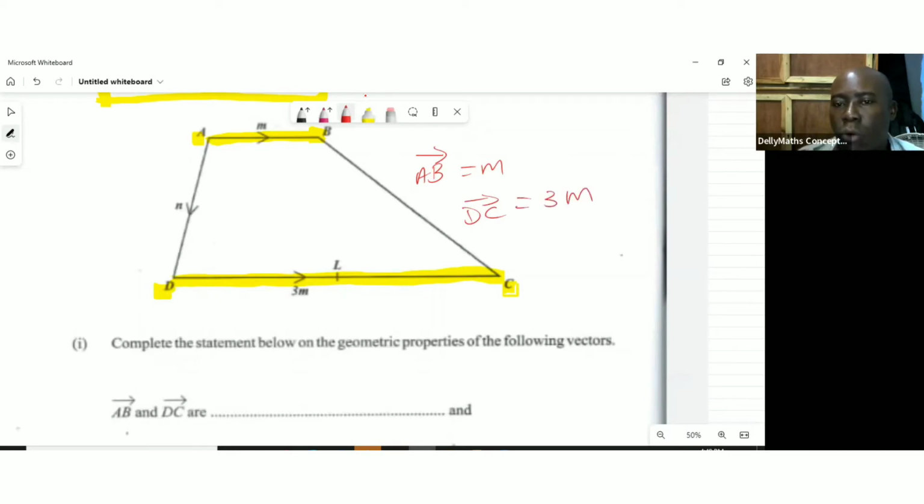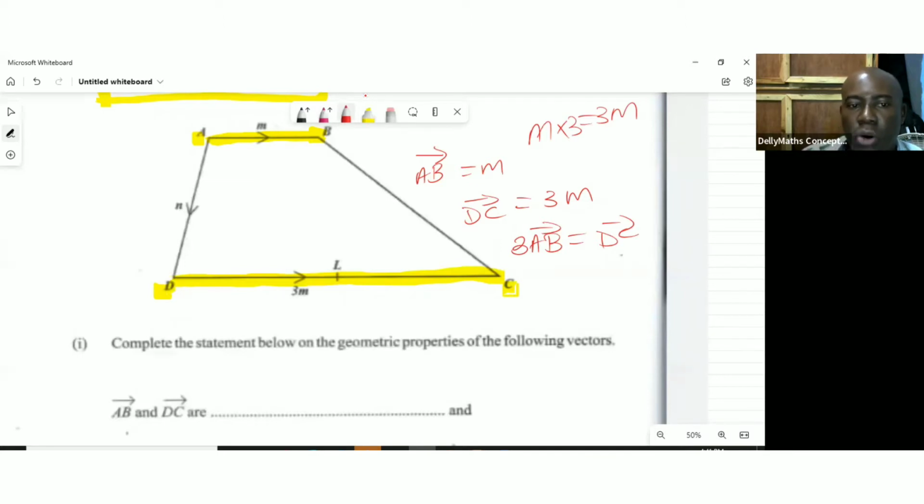As long as we are able to factor out a scalar quantity, we can show that vectors are parallel, because when vectors are parallel, one vector is a multiple of the other. For example, if I multiply vector AB, which is M, by 3, I get 3M, which is vector DC. So when vectors are parallel, you can factor something out of one vector and end up with the other.